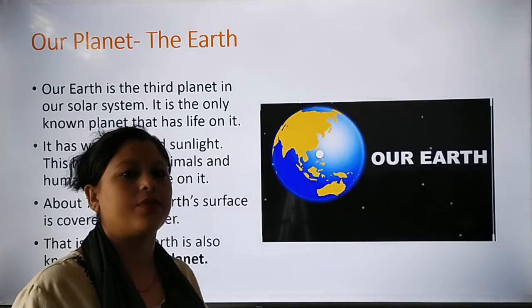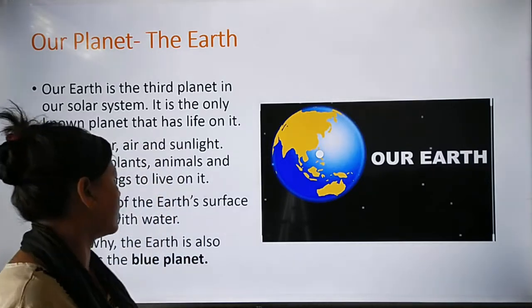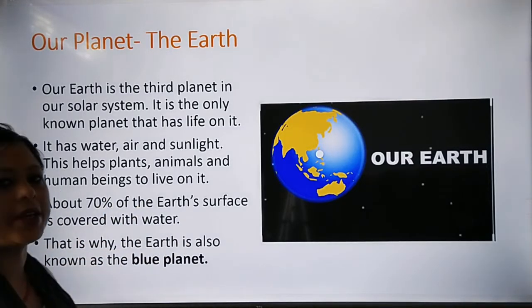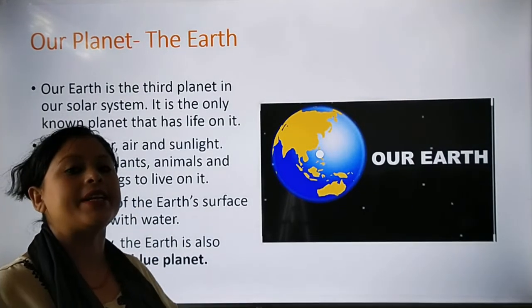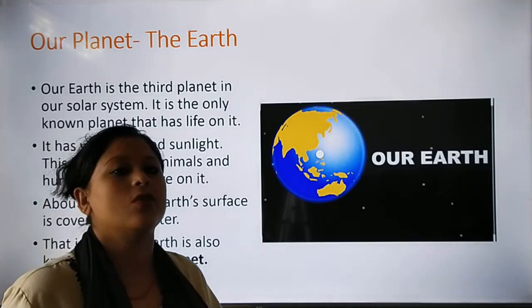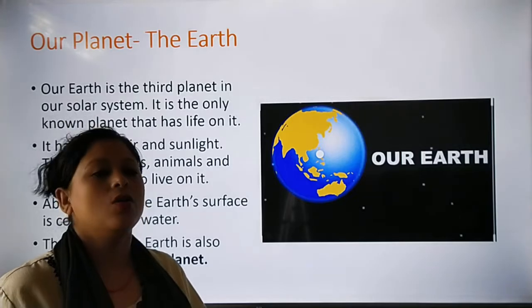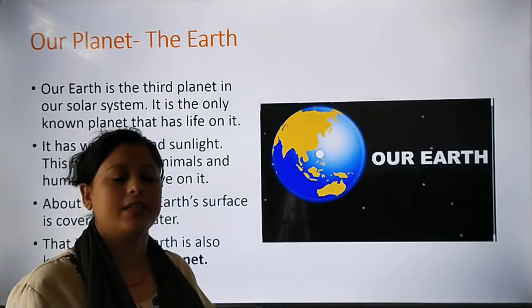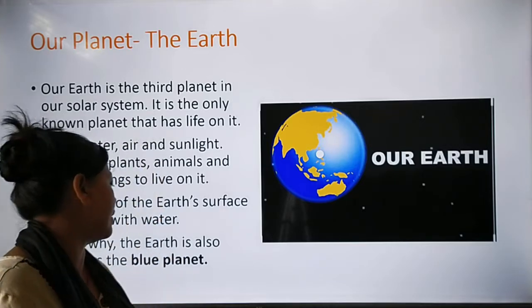That is why only we can survive on Earth. About 70% of the Earth's surface is covered with water. That is why Earth is called a blue planet.